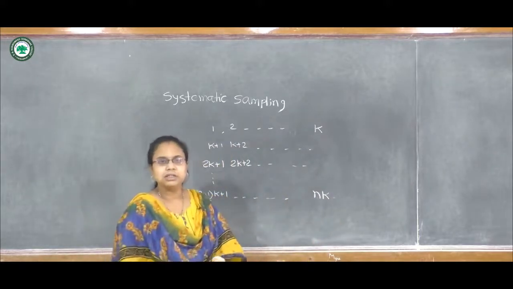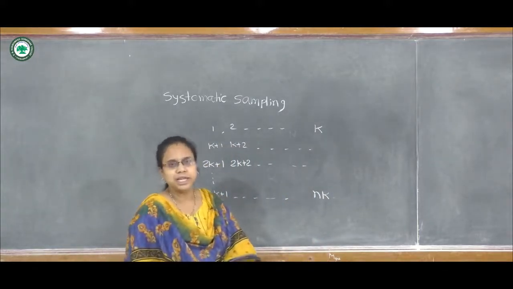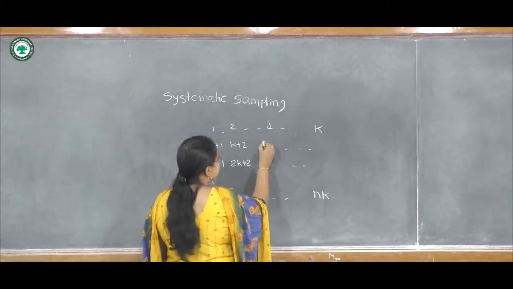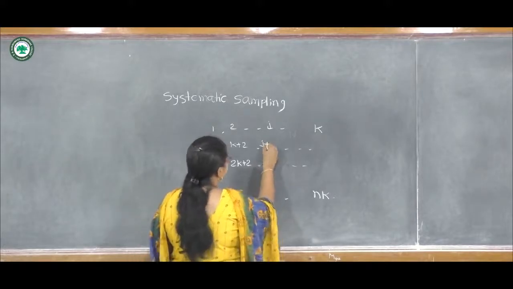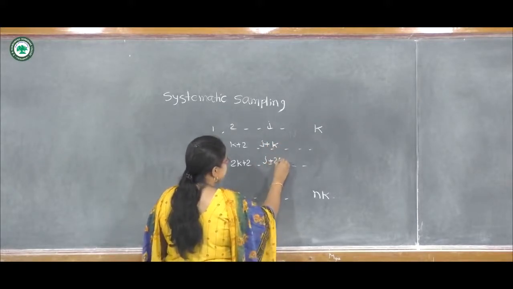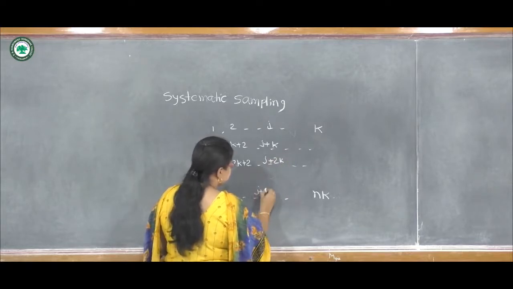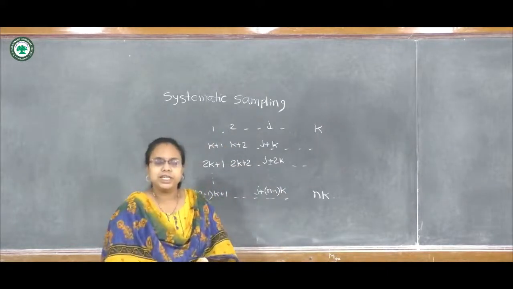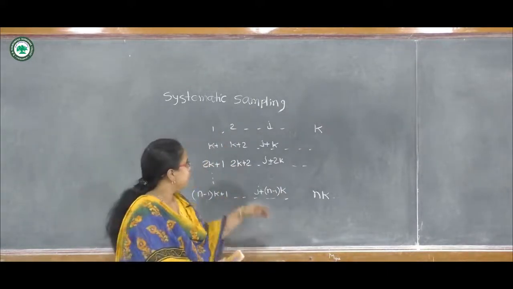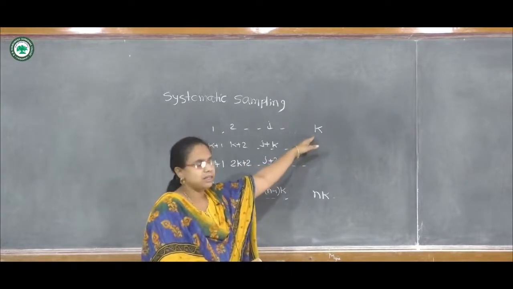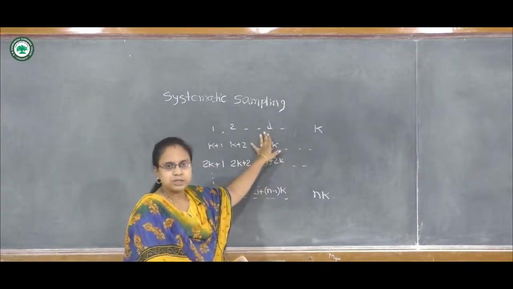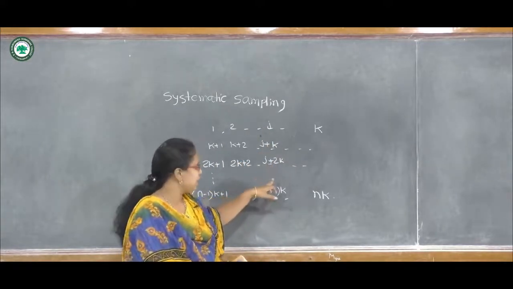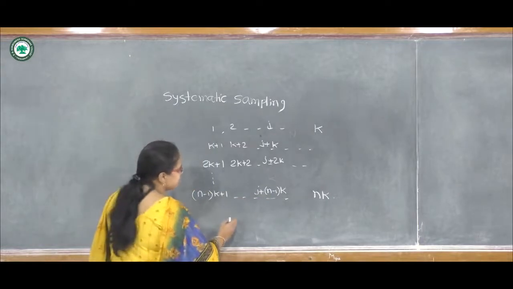So these are the k groups, and suppose the jth element is selected from the first group. So this is j. If the jth element is selected out of these k groups, then our sample will consist of these items, means j, j plus k, j plus 2k, and so on up to j plus (n minus 1)k.